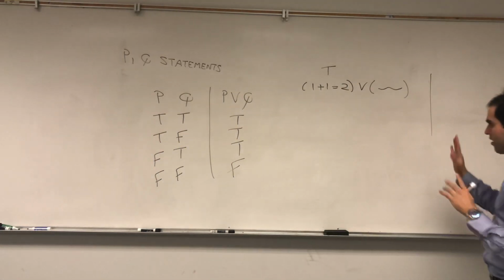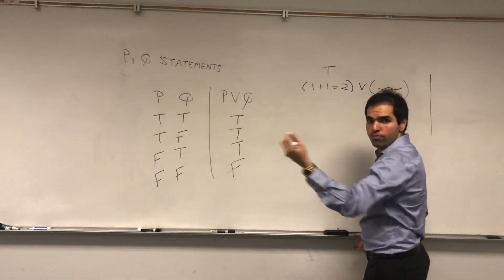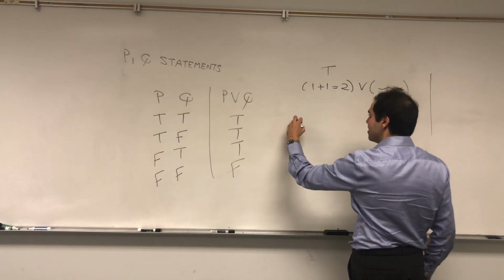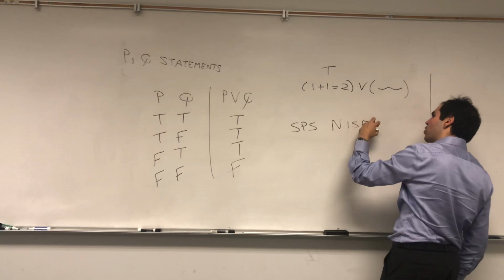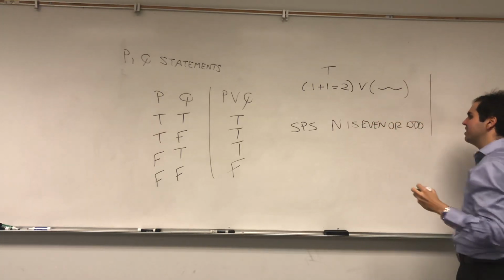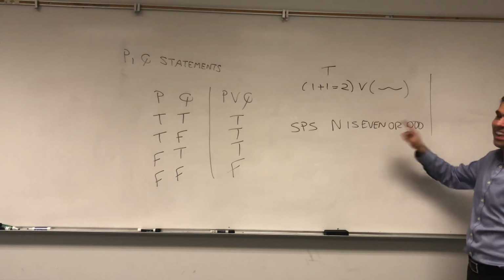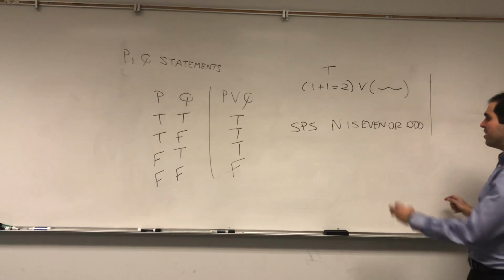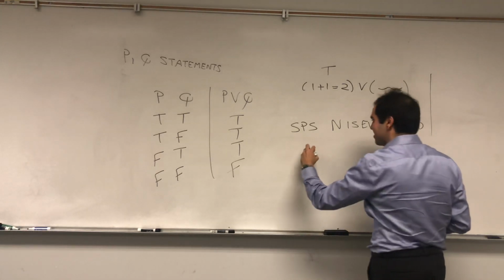And why is this useful in math? In my opinion, for something called proof by cases. So you might have statements like, suppose n is even or odd. Because you see an or, it usually indicates to do it by cases.